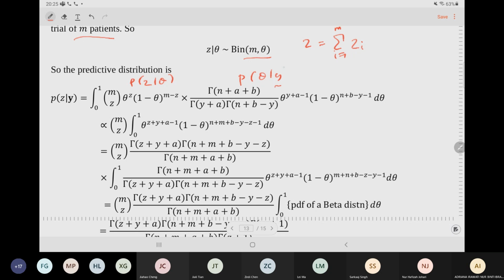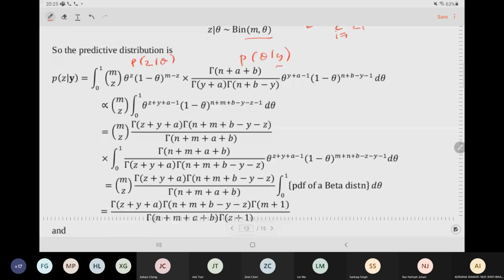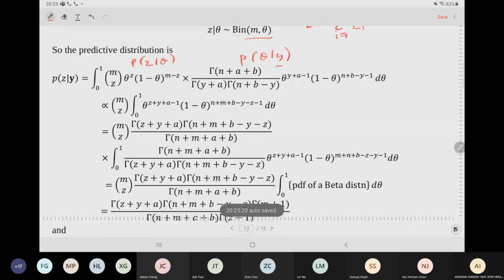Here this is an equal sign. What happened with this proportional is because this is too long to write. So what happened here is I just take everything which involves Z and theta, because Z is your Z and theta you need to integrate. But take note that we have a constant, which is this one.